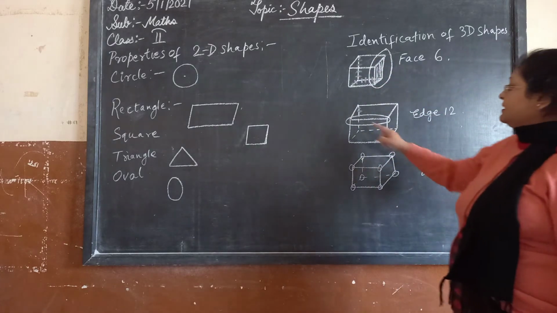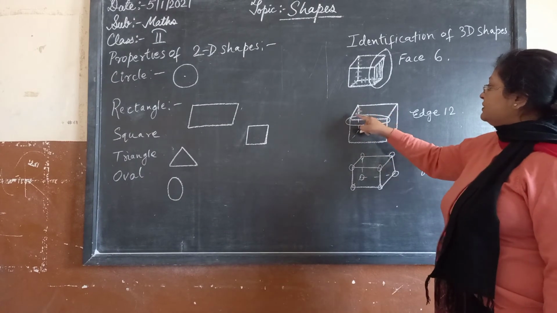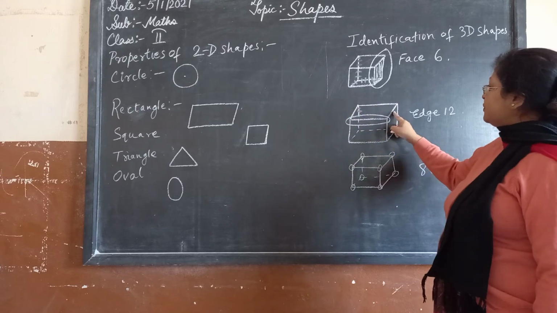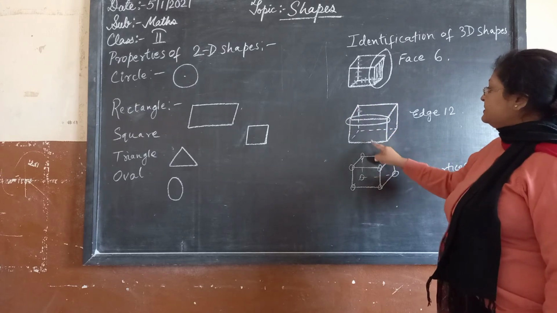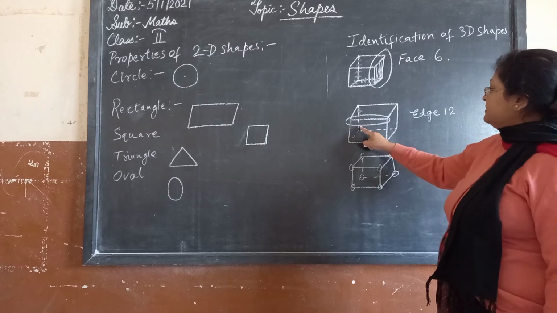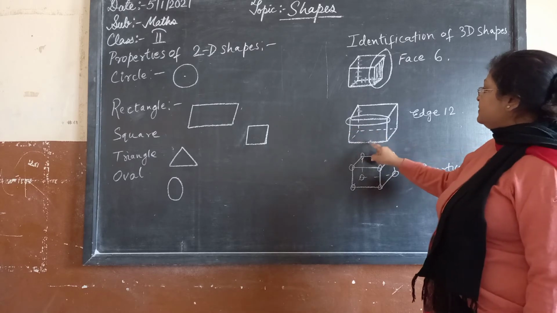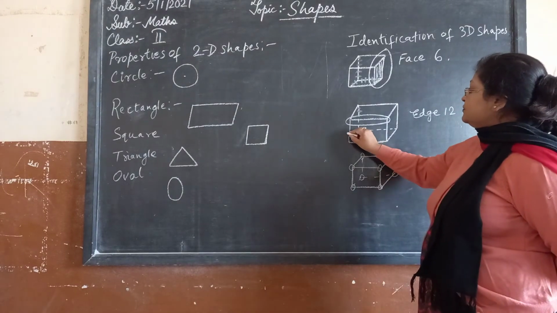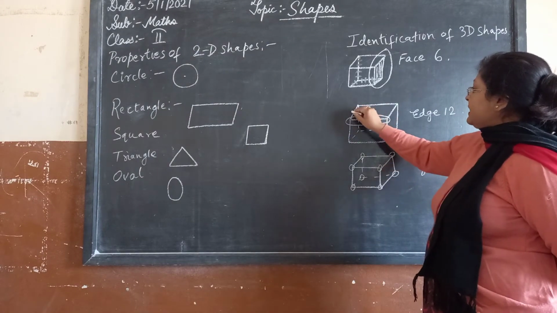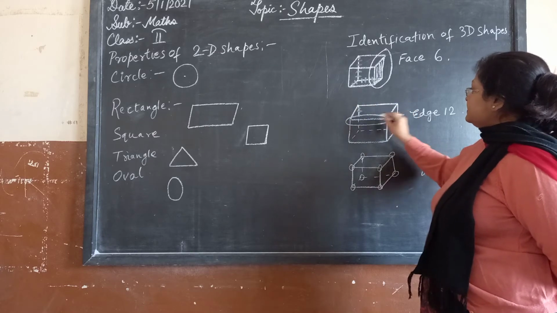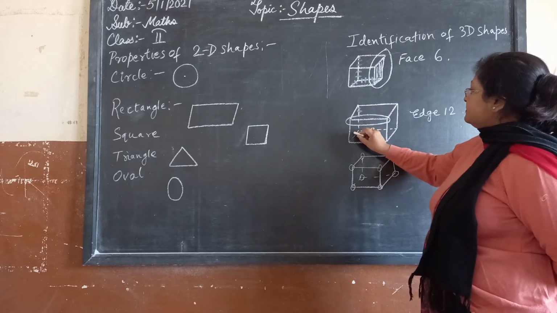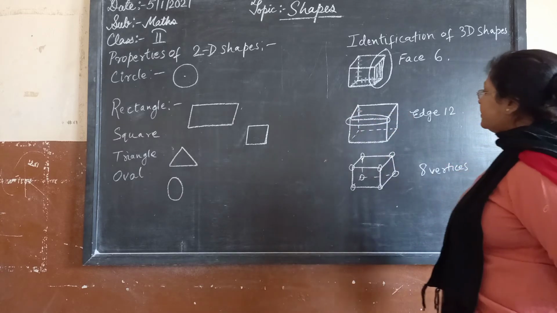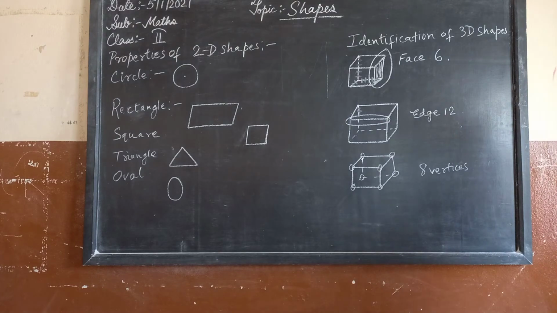Edges. These are the sides which are called the edges here. Now how many edges? 1, 2, 3, 4, 5, 6, 7, 8, 9, 10, 11, 12. So we have 12 edges.